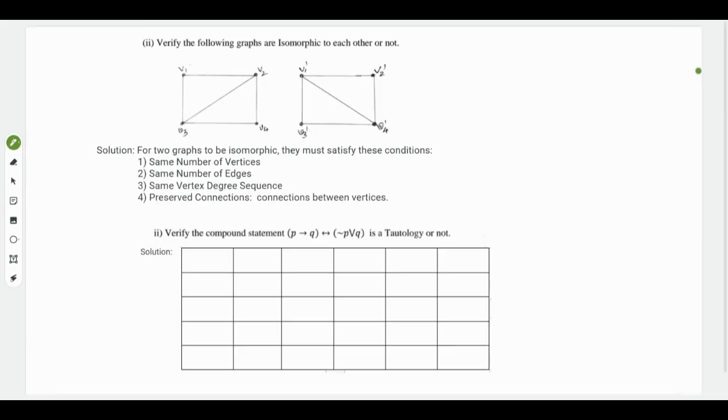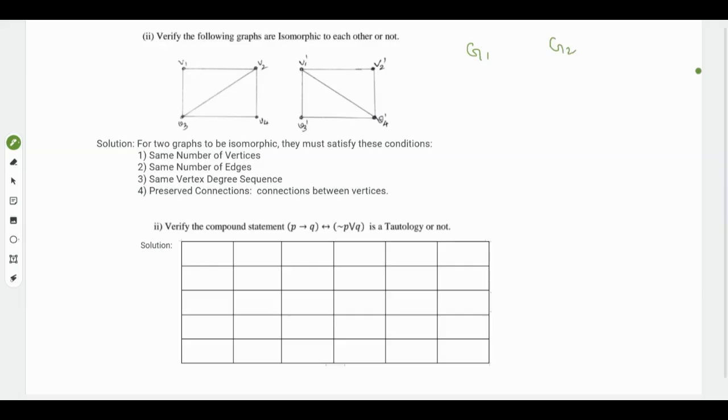Then moving to the next question: verify whether the following graphs are isomorphic to each other or not. The isomorphic conditions are: the same number of vertices, the same number of edges, the same vertex degree sequence, and the same connections between vertices. Let me take this as G1 and this as G2. First we find how many vertices we have here: 1, 2, 3, 4.